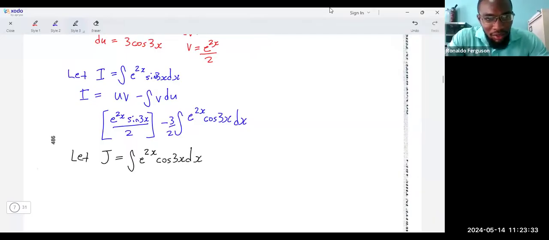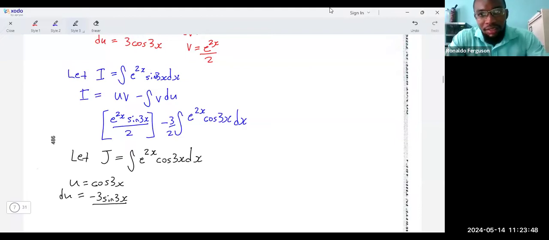All right, and so my new u is cos 3x. My du is, when you differentiate cos, you get negative sine, a negative 3 sine 3x. Don't need to say over 1.